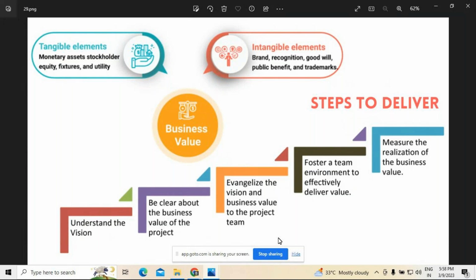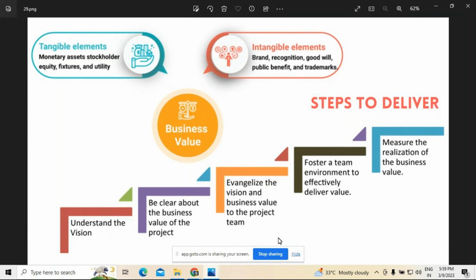At the same time, clarity in requirements is also required, because if they want to deliver effective business value, in the team environment they need sufficient requirements, and the right requirements have to be provided to the team.